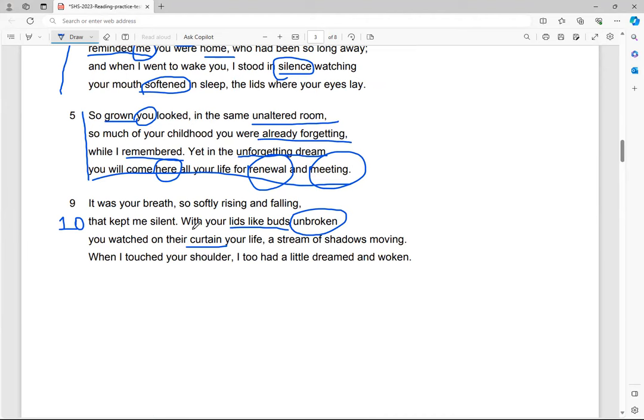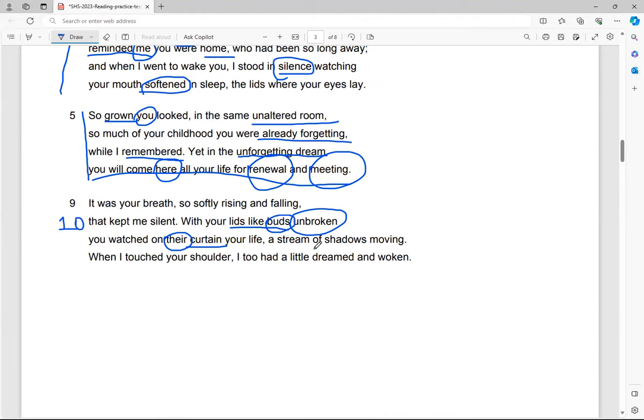And the curtain is on something, on there. What is the subject here? On their curtain, or the possession of their? It's the buds. So the curtain belongs to the buds because it's on the buds, the curtain of your life. You see the curtain of your life on your buds.